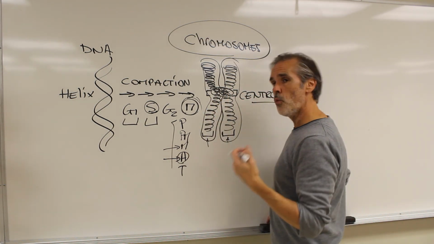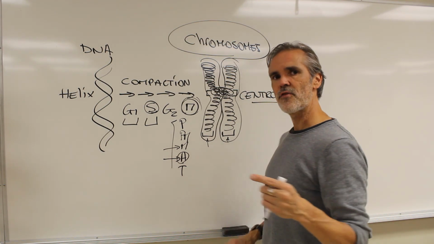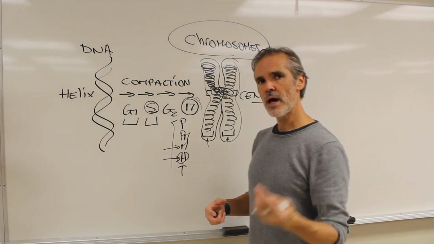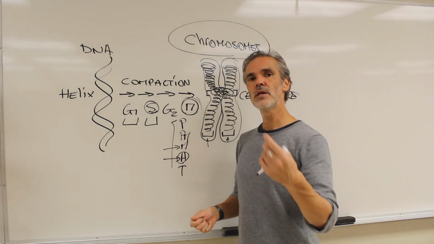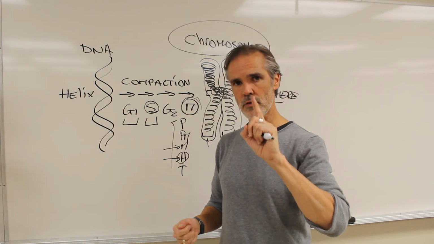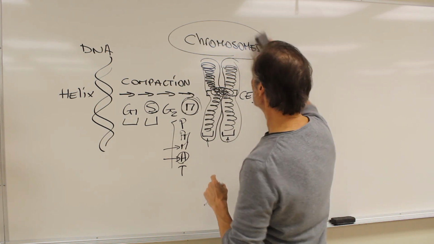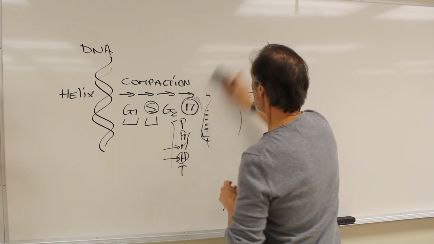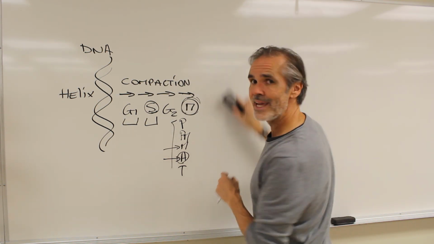Now, what you need to know is that for every chromosome, and in human beings we have 23 different chromosomes. Actually, we have 23 pairs of chromosomes, okay? So, let's explore this a little bit more in detail.